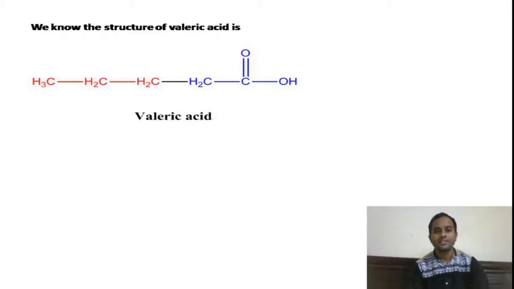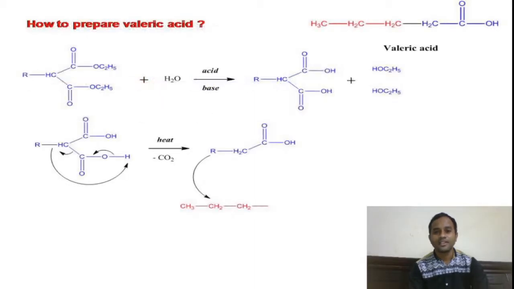Since the structure of valeric acid has 5 carbon atoms, we can prepare valeric acid from the previous application, in which monoalkyl malonic esters undergo hydrolysis to give this long chain fatty acid.